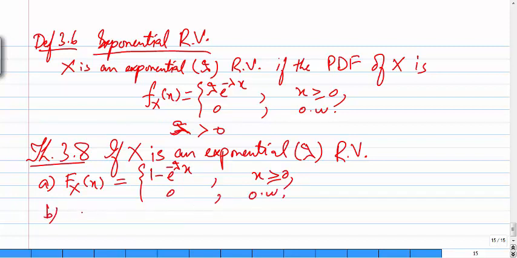B is that the expected value of X is 1 by lambda, and C is the variance of X is 1 by lambda square.